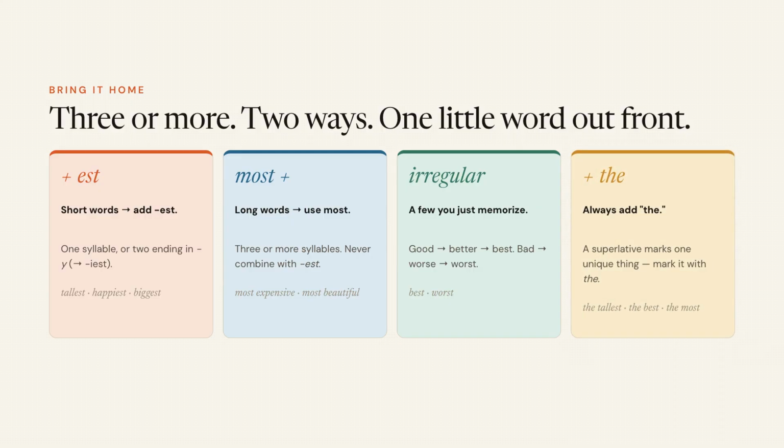Always add the. The spelling traps are the same as comparatives. Use in for places and groups, of for time and sets. And try that lovely best thing I've ever structure. And remember, if you are comparing only two things, use a comparative, not superlative.